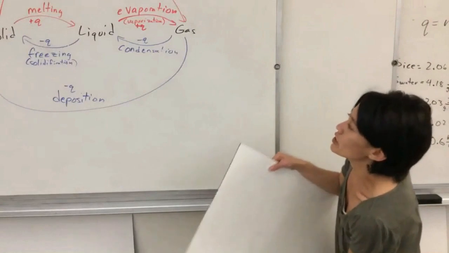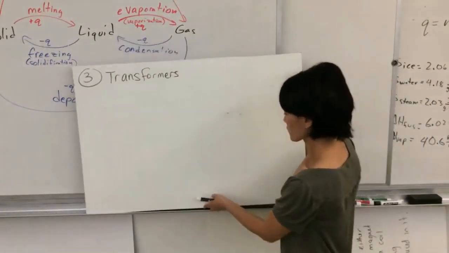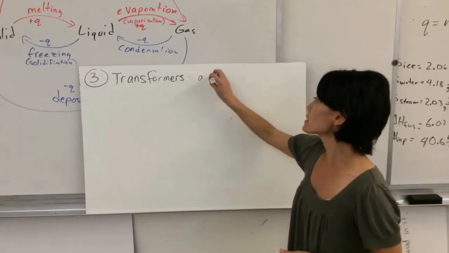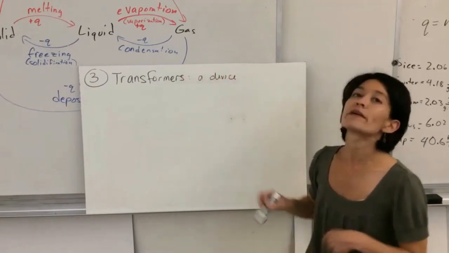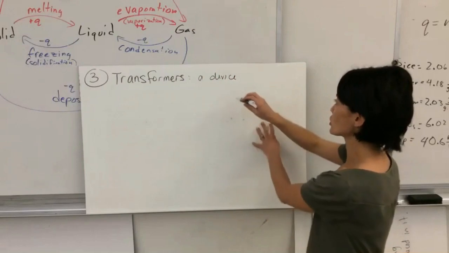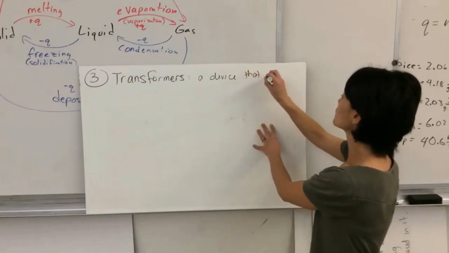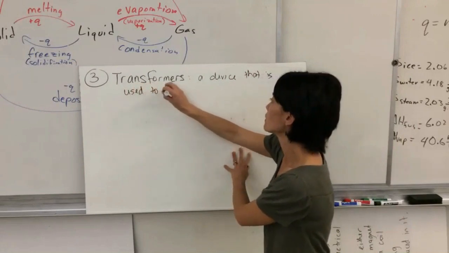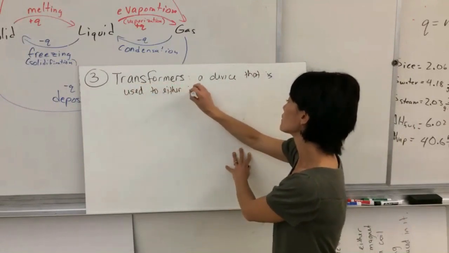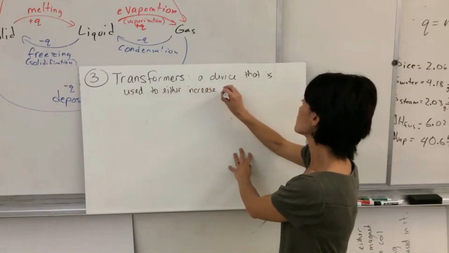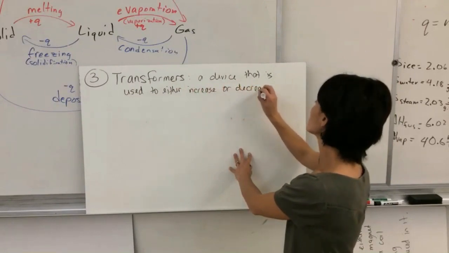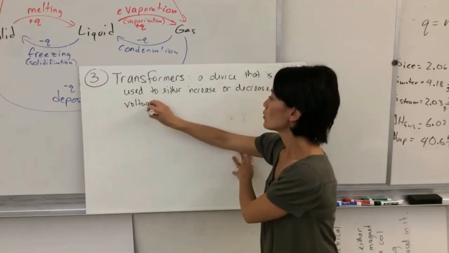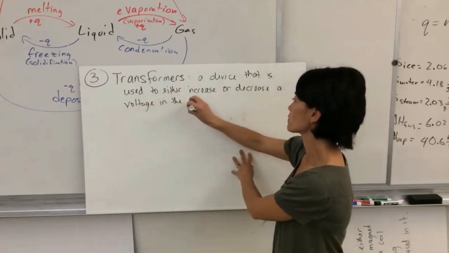The third application is transformers. A transformer is a device that is used to either increase or decrease the voltage in the system.